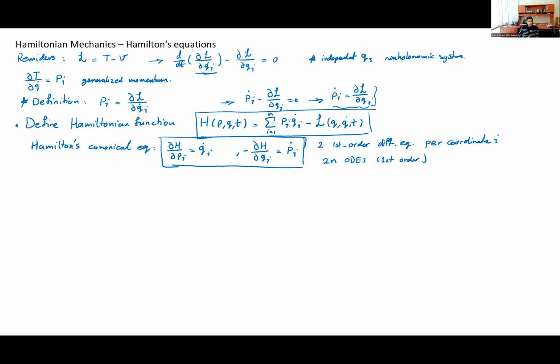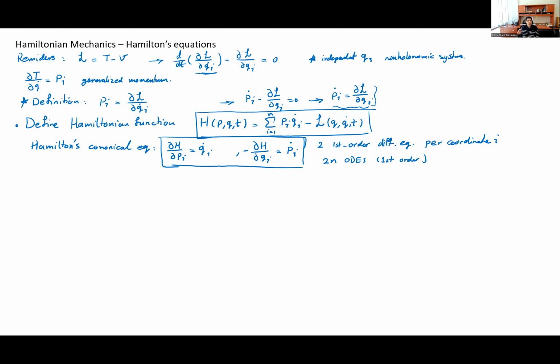So here is the difference I was talking about. Before, I had q dot and q double dot, and we were always writing q double dot, the second derivative, as a function of our q dot and q's.